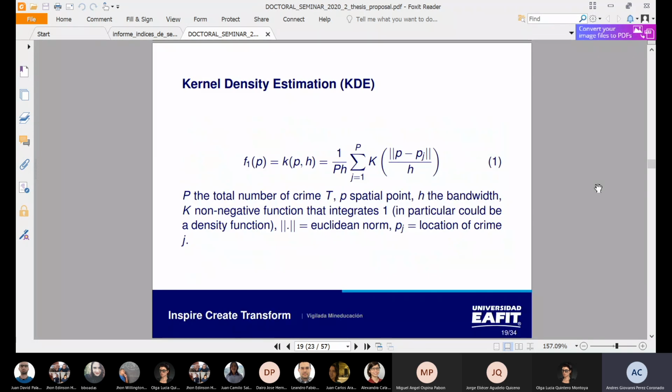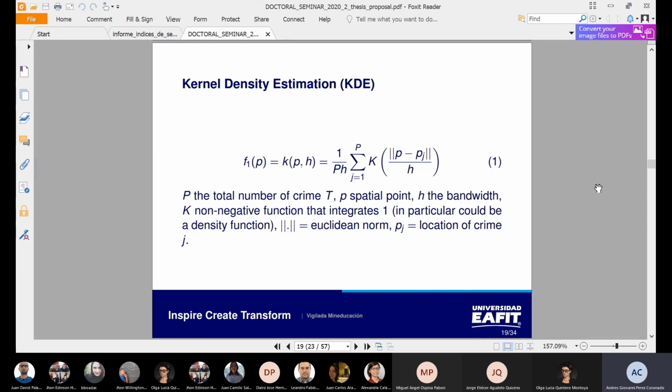That is the theoretical base. We are going to use kernel density estimation to find the density of crime, where P is a spatial point, like I say, latitude and longitude, and H is the bandwidth. K is a non-negative function that integrates to one.